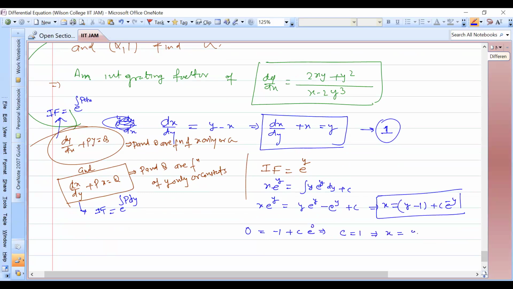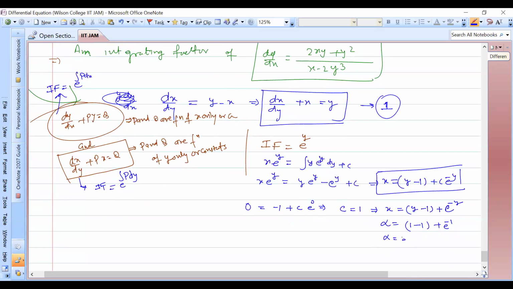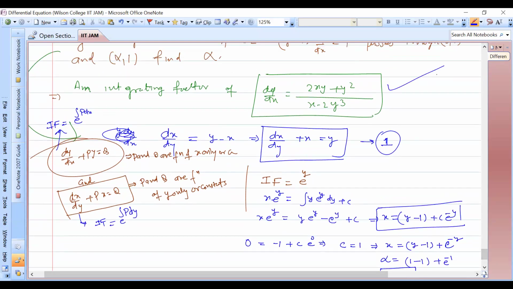So x equals y minus 1 plus e raised to minus y. Here alpha: so 1 minus 1 plus e raised to minus 1. What is the value of alpha? 1 by e. Yes. So please try this one.